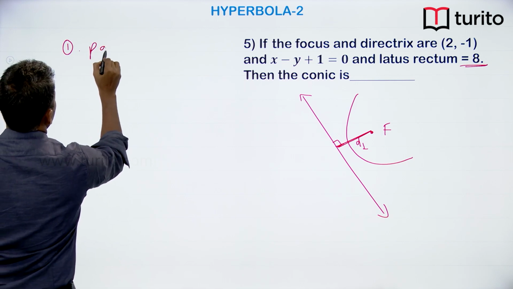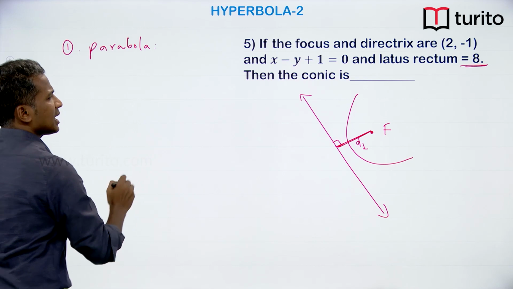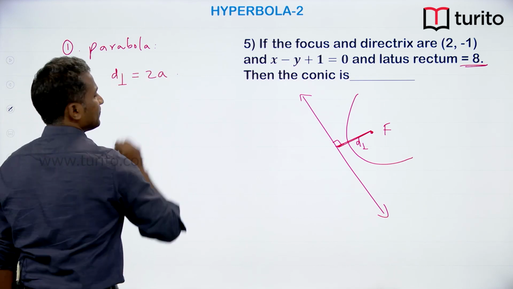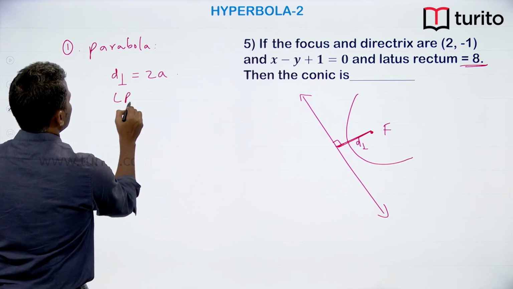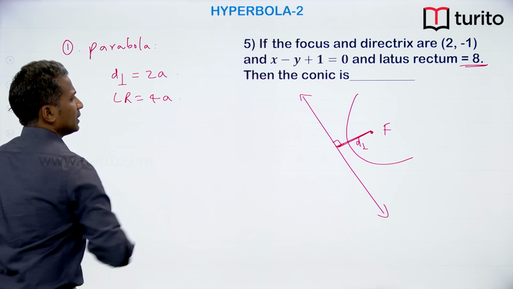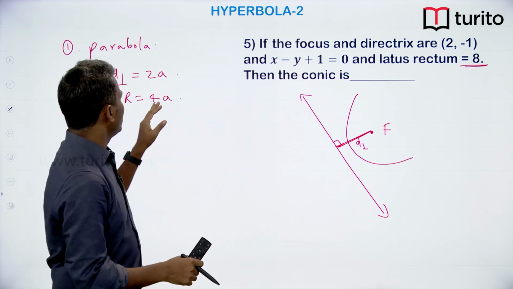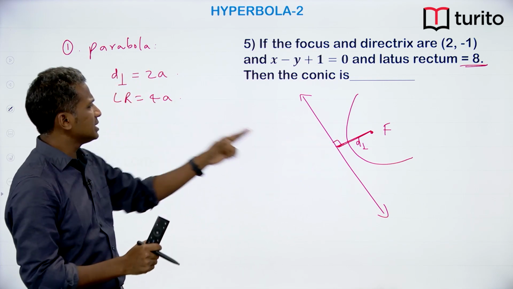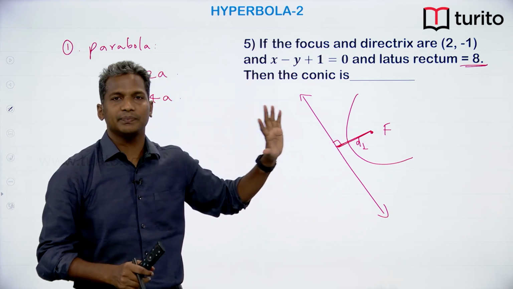Now, if it is a parabola, let us take one case. If it is a parabola, then what must happen? This D perpendicular must be equal to 2a, and the latus rectum for a parabola is 4a. So, if the latus rectum is already given and if we are expecting a parabola, then this perpendicular distance must be equal to half of the latus rectum.